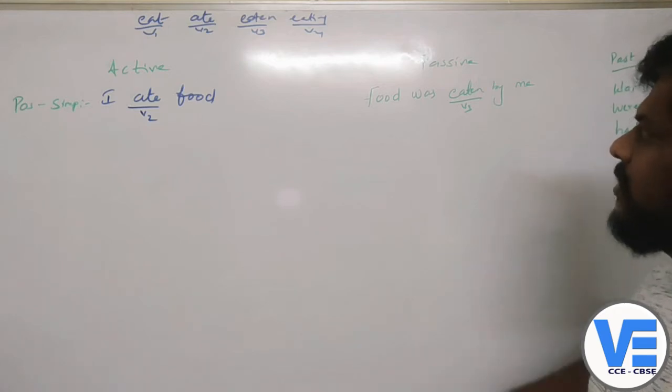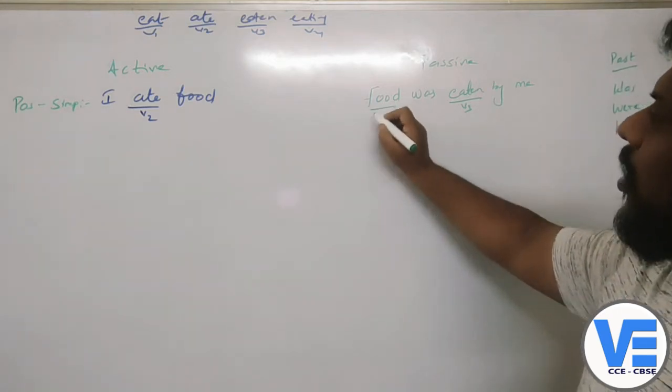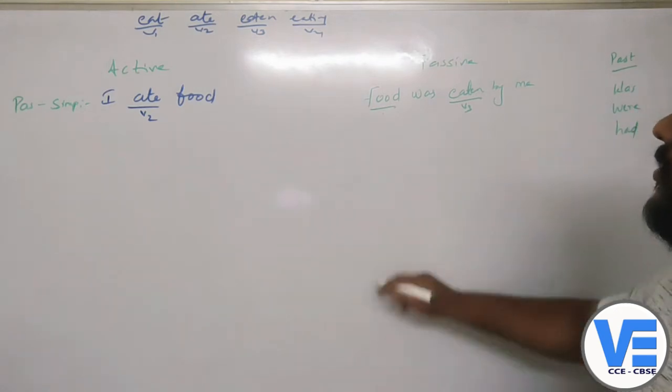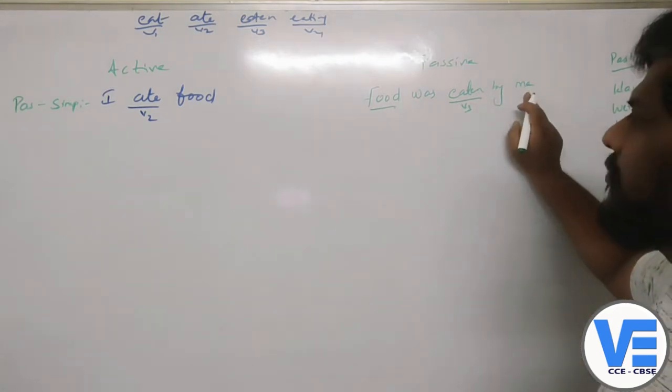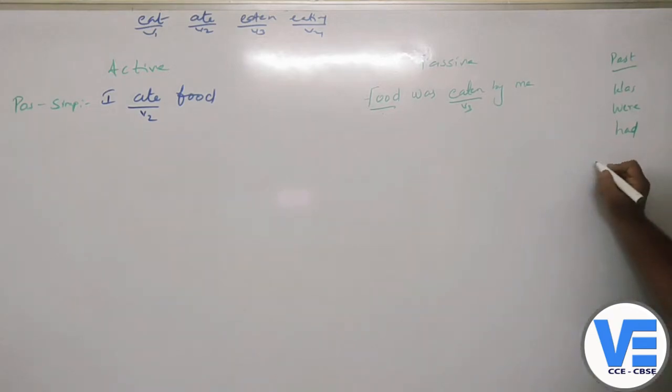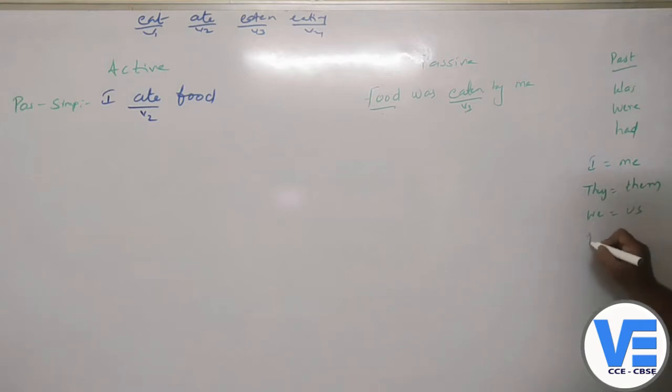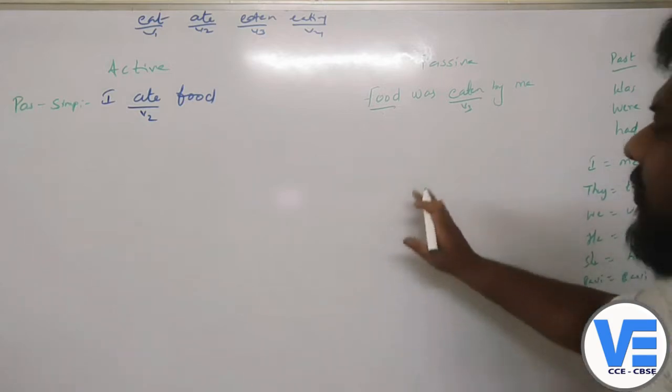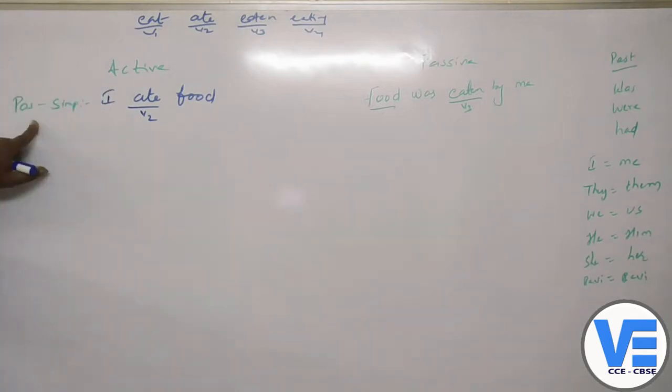Now actually food was the object, but here we get it as the subject. And instead of I, we write me. I becomes me, they becomes them, we becomes us, he becomes him, she becomes her, and Ravi will stay as Ravi. There is no change here. So this is one example for the past simple.